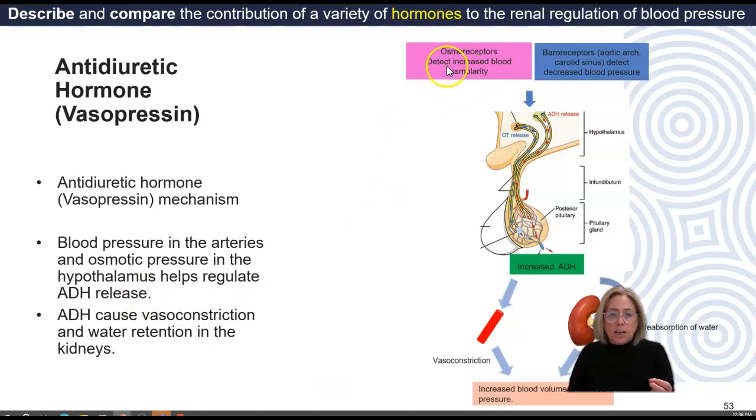So those osmoreceptors are detecting increased blood osmolarity, baroreceptors are detecting decrease in blood pressure. That causes release of antidiuretic hormone, and that antidiuretic hormone enters the blood. It will cause vasoconstriction of blood vessels, and it will also act on the kidneys there to cause more water to be reabsorbed, and that then increases your blood volume and increases your blood pressure.